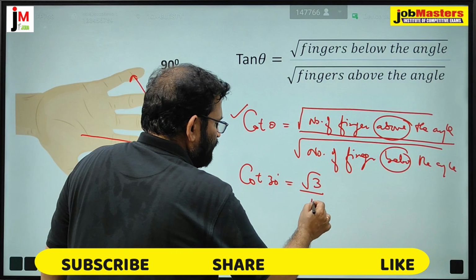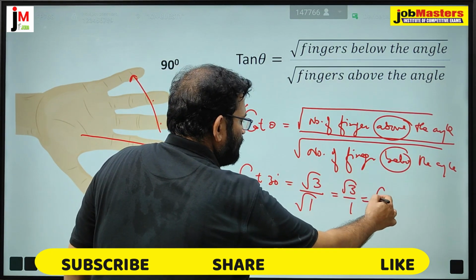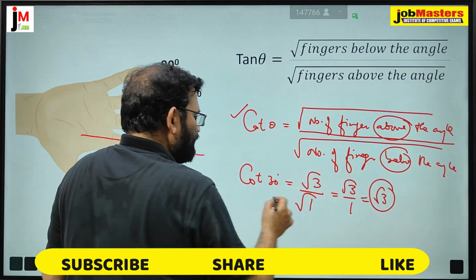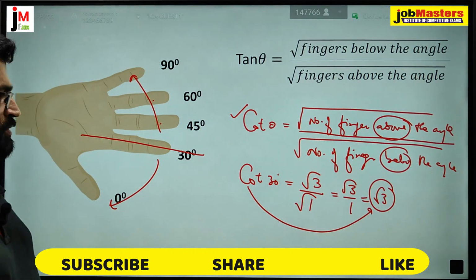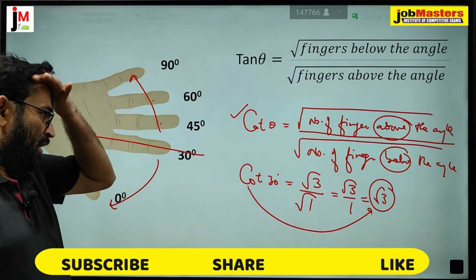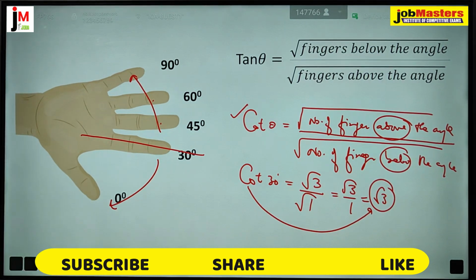There is only 1 finger below this. We can write this as root 3 by 1, which is equal to root 3. So you can find that cot 30 degree is always equal to root of 3. So this is the right answer, and you can try yourself any value for any trigonometric function. These formulas fit every function and every value.